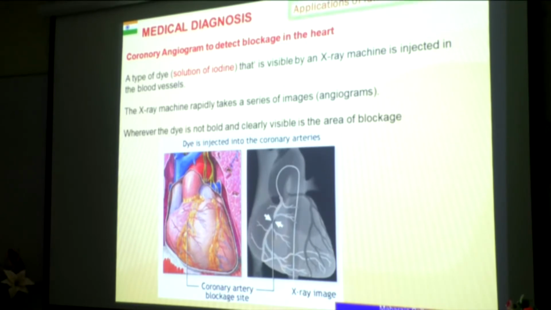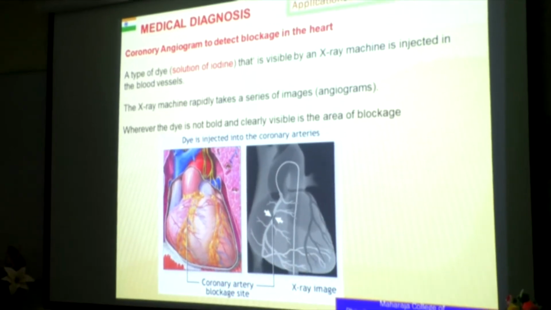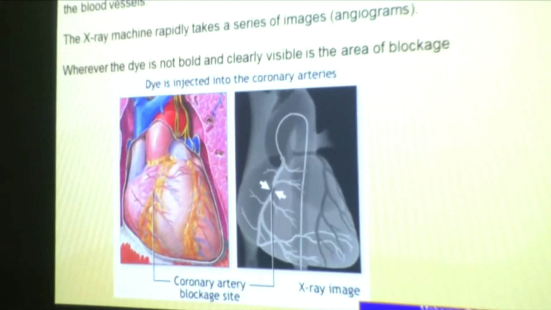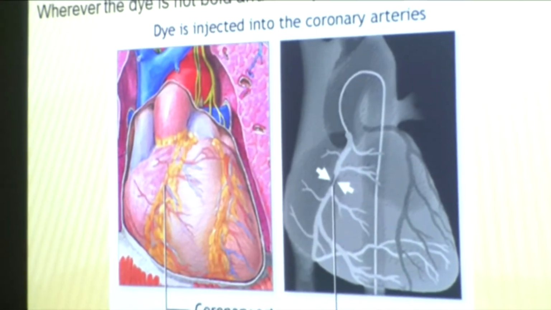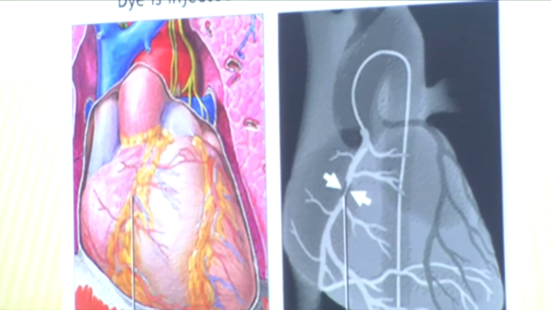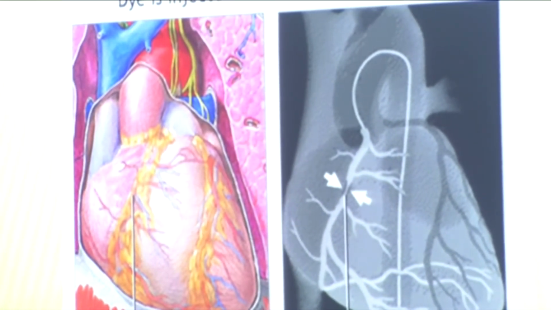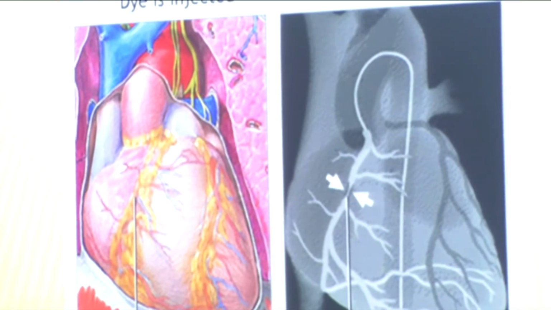So your chest is exposed to the X-ray machine after injecting this chemical. The chemical goes into the heart and then the arteries. Wherever the blocks are, it will get stuck there. A small amount will remain. When you expose it to X-rays, it shows luminescence. That will determine the site of blocking of your artery, which is most important.